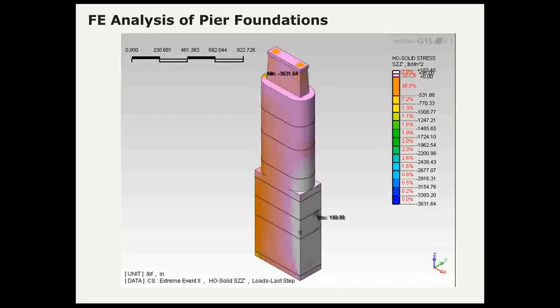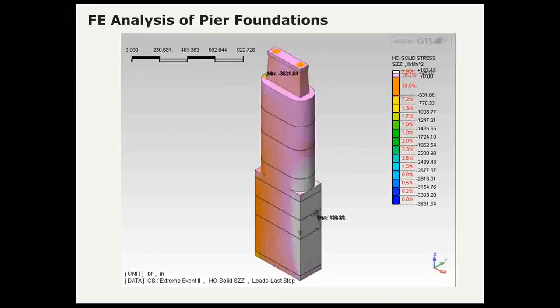And we also used the model to look at the concrete stresses in the existing caissons. These caissons were originally unreinforced, and the design criteria required that we add reinforcement anywhere where we had net surface tension in the caissons.